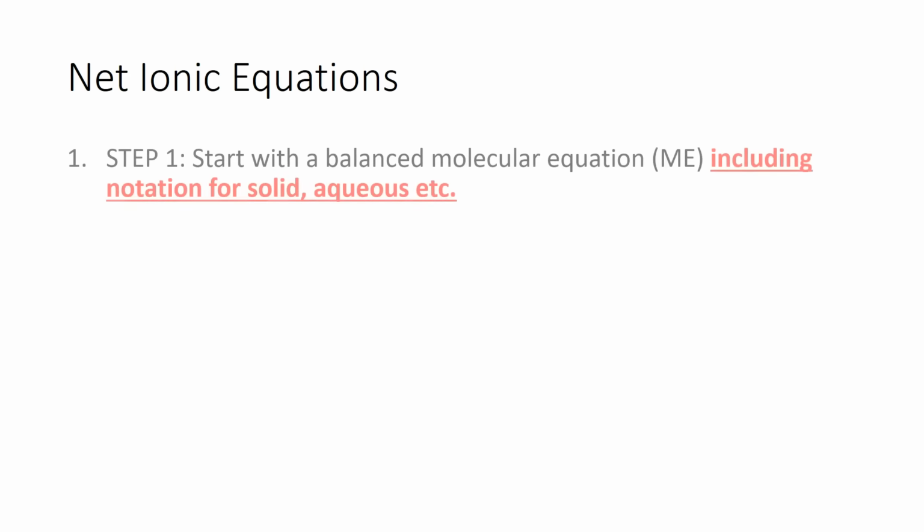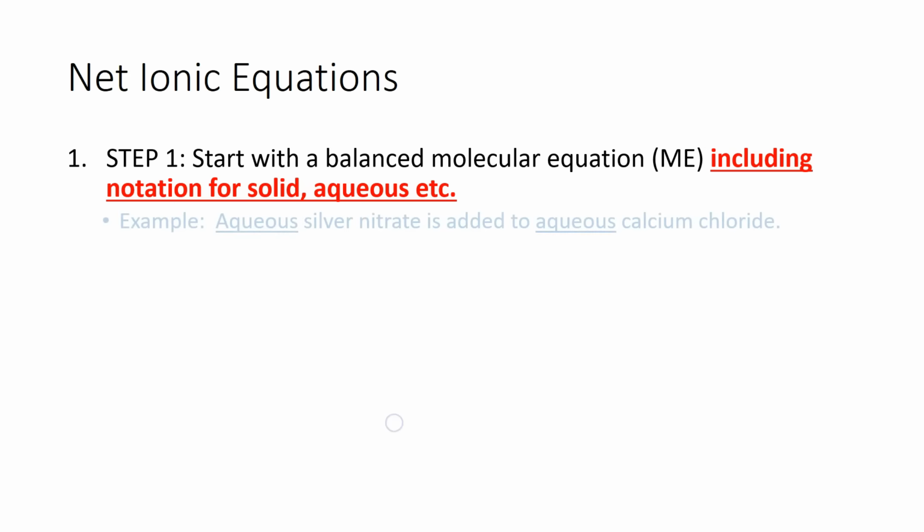So step one, we're going to start with a balanced molecular equation, including the notation for solid, aqueous, etc. All that stuff we learned on how to write the equation, note whether there's a reaction or not, identify aqueous, solid, etc. That is our starting point for our net ionic equation. This is kind of a culmination of everything we've learned so far regarding reactions. So if I have aqueous silver nitrate and aqueous calcium chloride as my reactants, how would I go about writing that molecular equation?